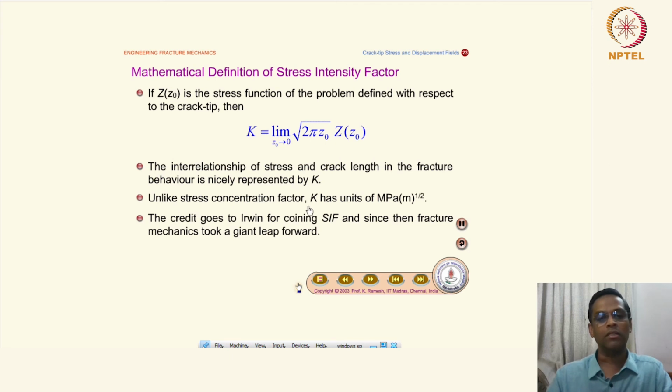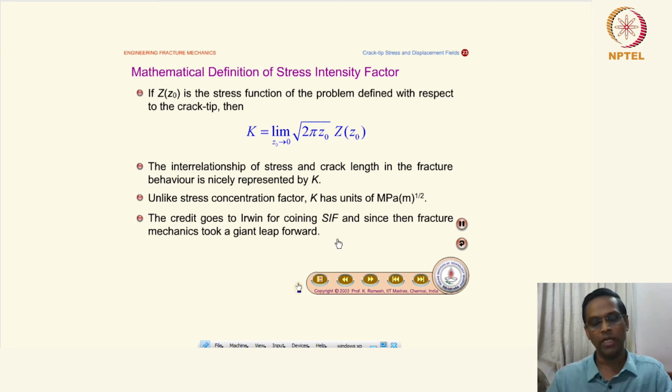Unlike the stress concentration factor, K has units of MPa square root meter, and the credit goes to Irwin for coining the stress intensity factor, and since then fracture mechanics took a giant leap forward.